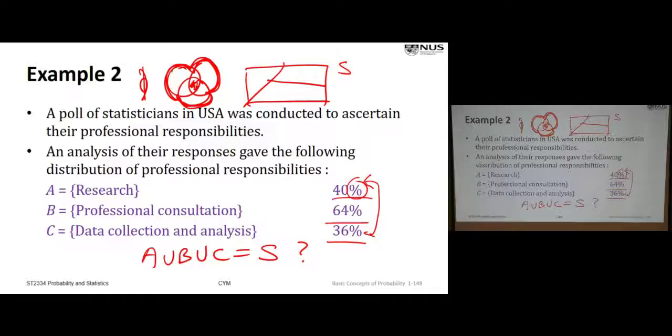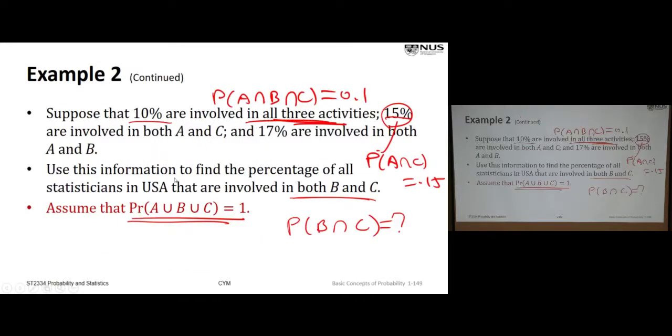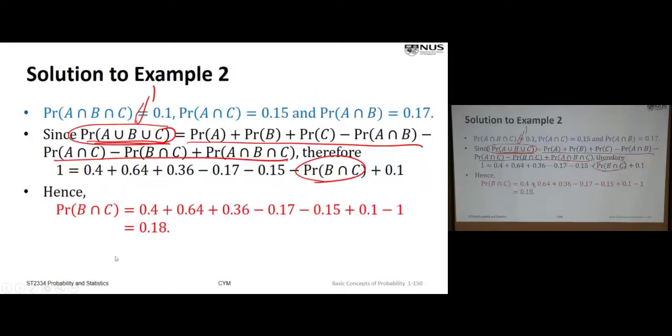There's a fourth one, D, none of the above. And what is the percentage? 0. Then you will know that A, B, C are collectively exhaustive. Okay, so we solve it. The answer is 0.18. 18% are working on B and C.